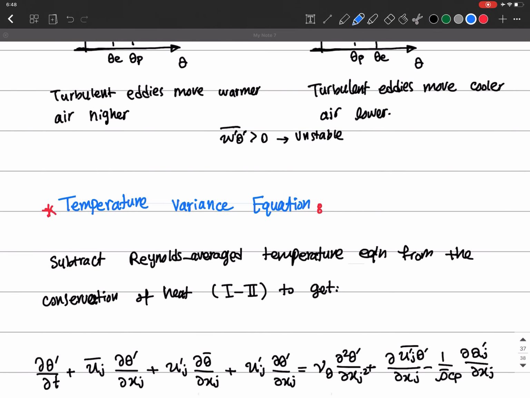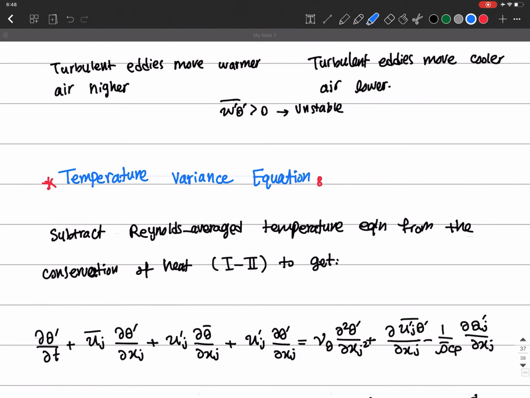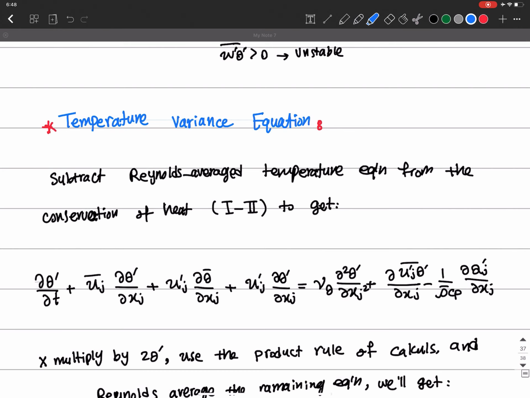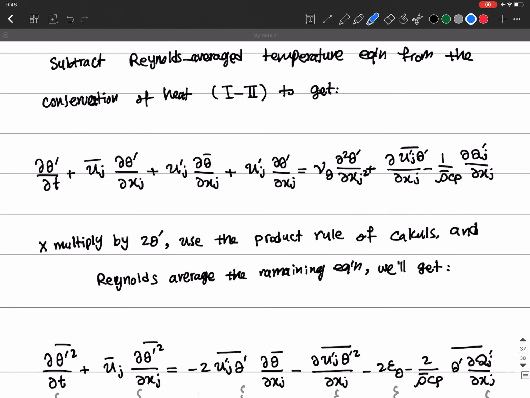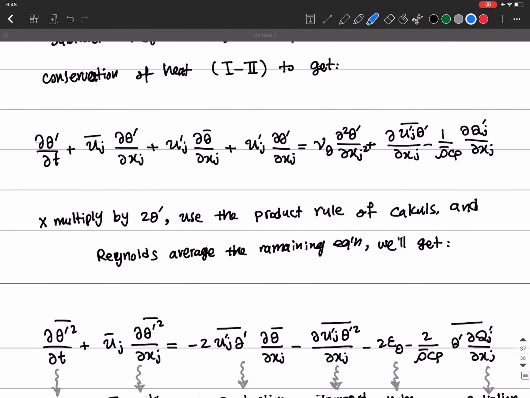And then we talked about this temperature variance equation. We said that we can get it by subtracting the Reynolds average temperature equation from the conservation of heat, and then this will give us this equation.